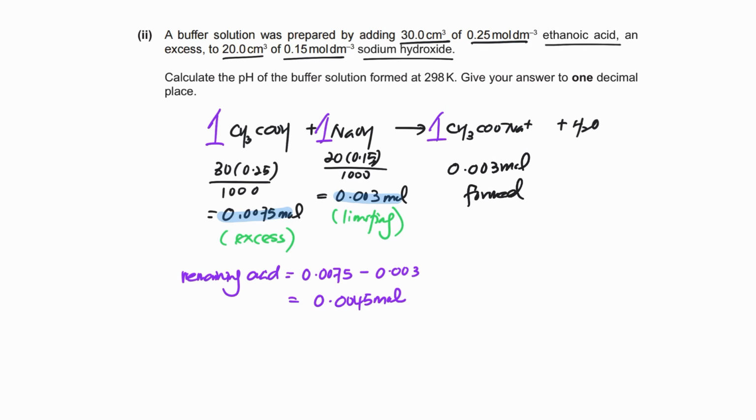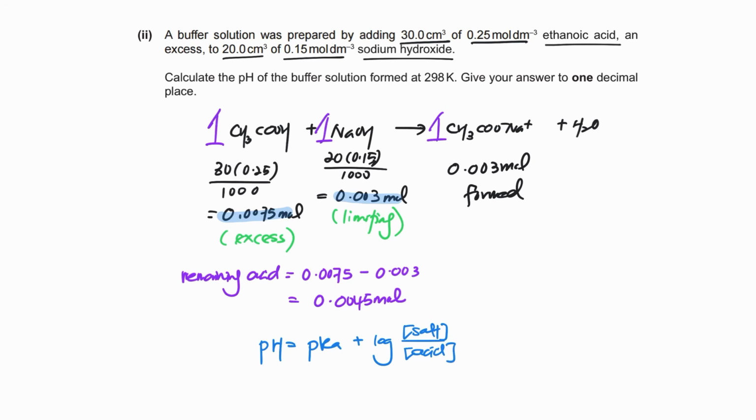So with all this information, we could put them into the formula in order to get the pH of the buffer. Here we have pH equals pKa plus log concentration of salt over concentration of acid.